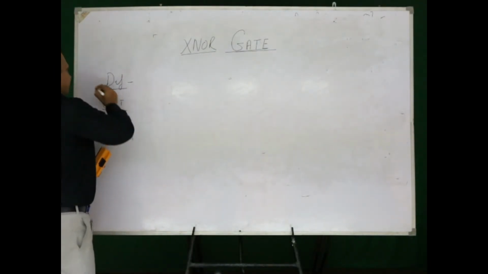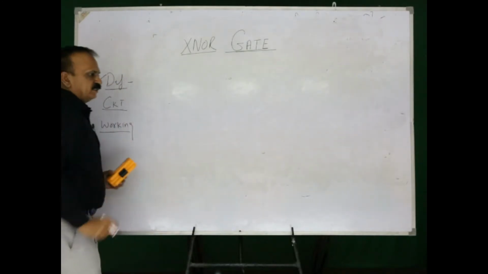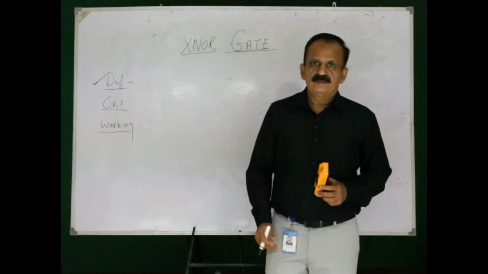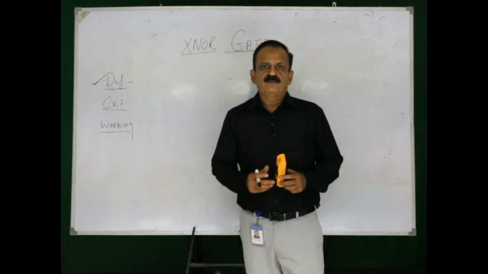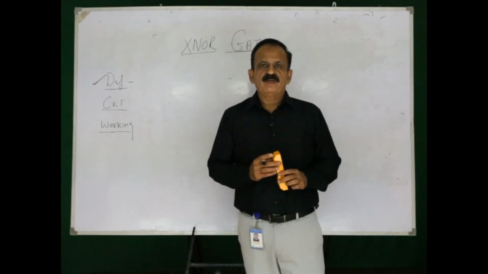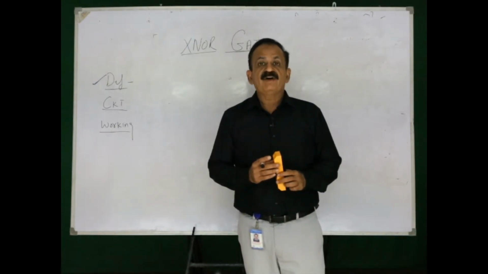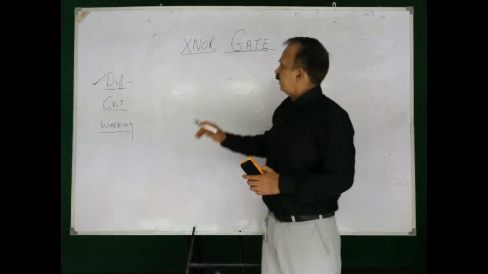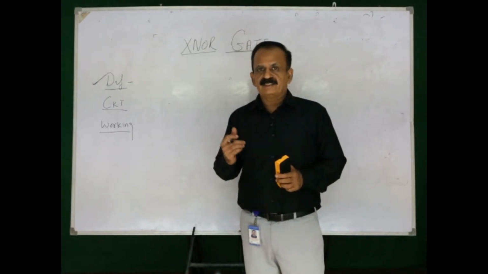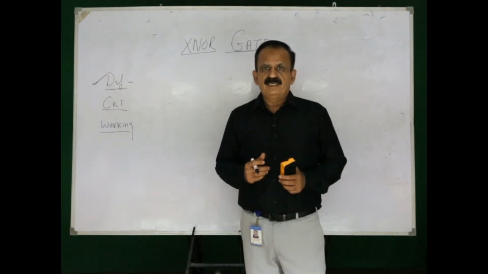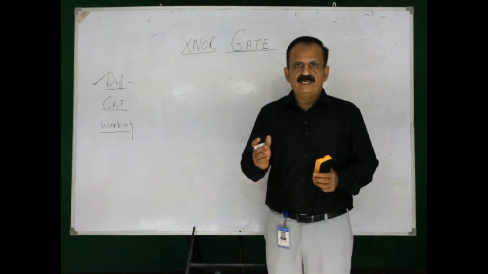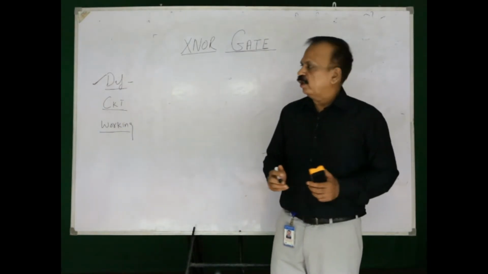We will start with the definition. It is a logical circuit with one output and two or more inputs. The output is high when number of high inputs are even. In XOR gate, the output was high when the number of high inputs are odd. In this case, the output is high when number of high inputs are even. This is XOR gate followed by NOT gate.